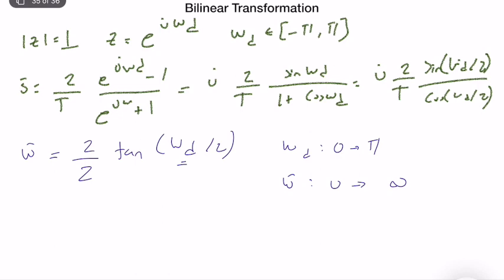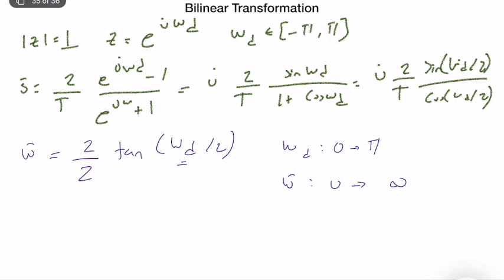Especially if you are taking a digital signal processing course, you should know this very well. But what we are doing is stretching this finite frequency region, because it's discrete so it should be finite, to an infinite dimensional space where frequency is unlimited. So 0 to pi is mapped to 0 to infinity.